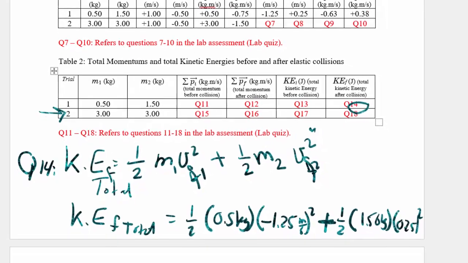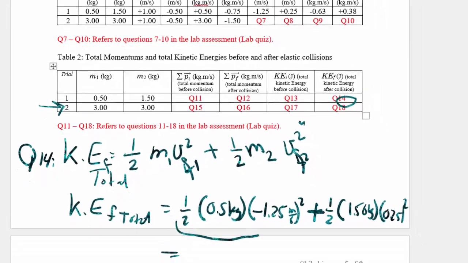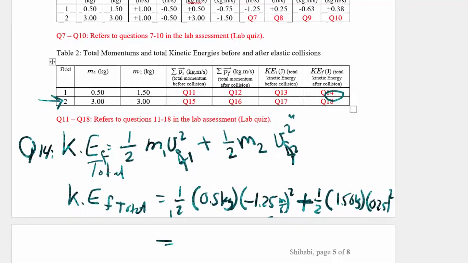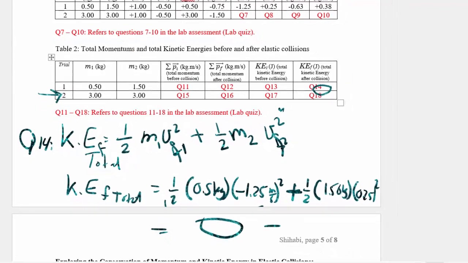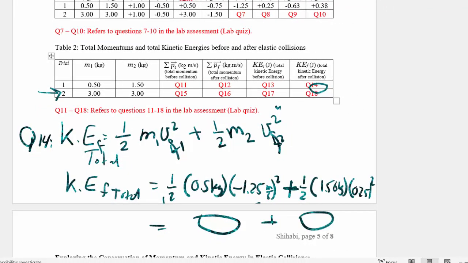And you'll carry out the calculation, show the calculation of this part here, write it here, plus the calculation of this part, write it here, and then carry out the addition of those two. And of course, the answer would be in joules, because kilogram meter squared over second squared is joules. So write the answer. So make sure to show that in your calculation in these details.